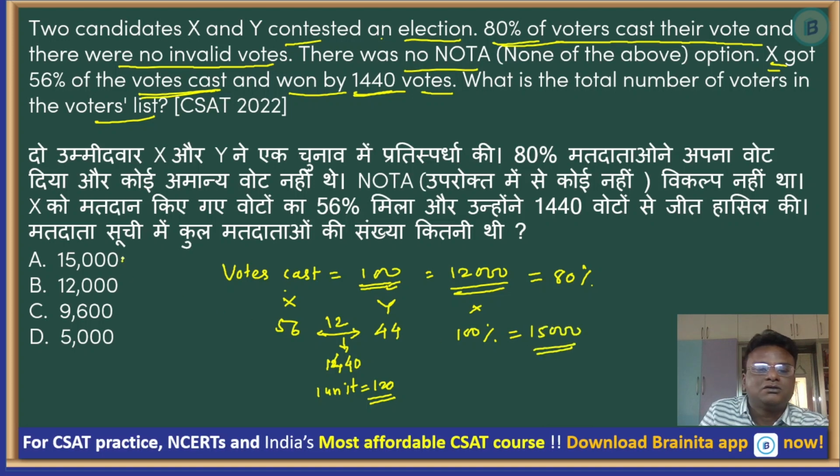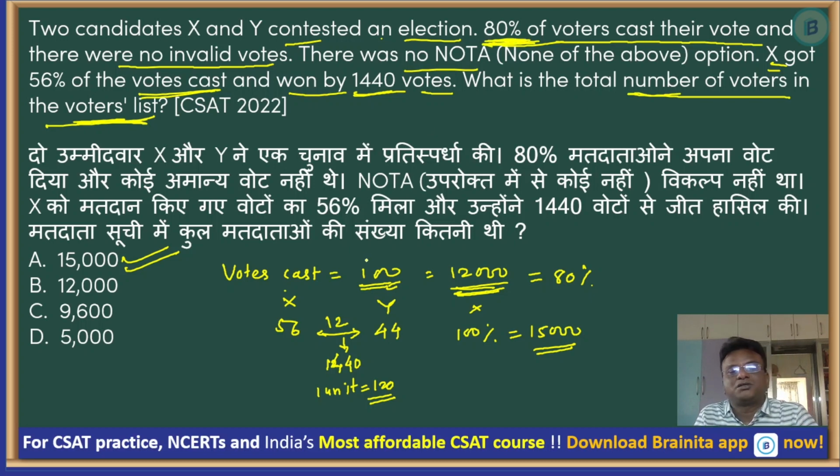That's your answer, option number A. Okay. So even if you actually solve until now, please don't make a mistake. Always read the question carefully. This number is important from the last answer perspective. Even after solving this much, it can be wrong if you mark 12,000.